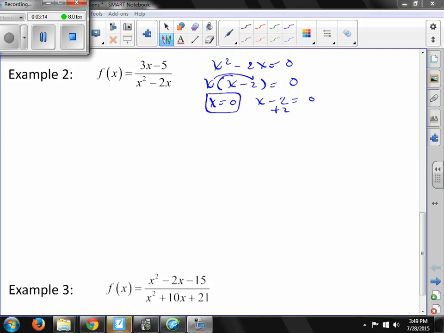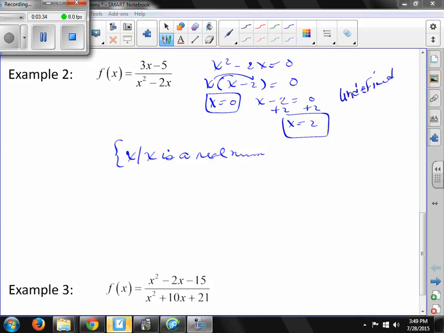If I add 2 to both sides, I'll have x equals 2. So what makes it undefined is x equal to 0 and x equal to 2. So writing it in set notation, I'll have x such that x is a real number and x is not equal to 0 or 2.